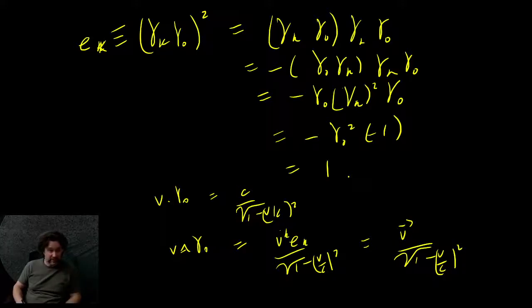In particular, we can go and look at what our proper momentum is going to be. If we take our proper momentum, m v, which is m dx d tau, let's say that P equals m v.